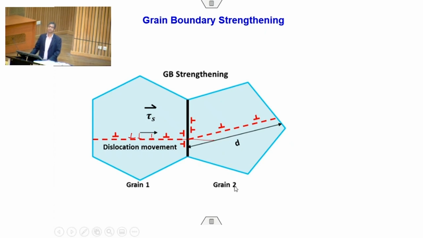That is the model which was developed by Hall and Petch. Two gentlemen, very famous, Hall and Petch, coined this model, that grain boundaries indeed act as a strengthening agent, and this is how it happens.